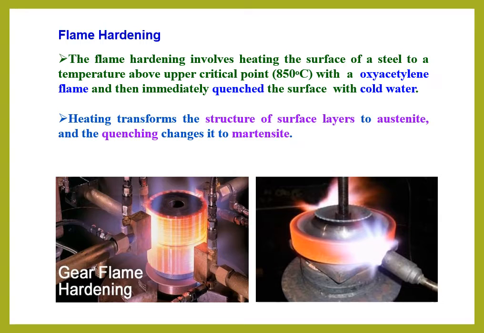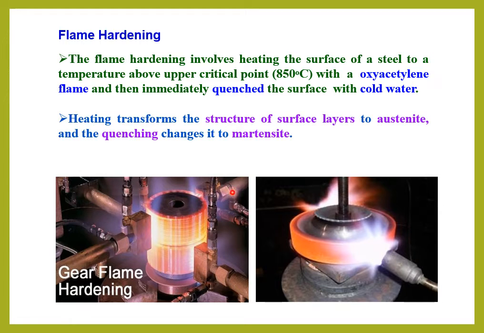First one is flame hardening. Here in flame hardening you take the steel and, using an oxyacetylene gas flame, heat the steel up to a temperature of around 850 degrees centigrade.